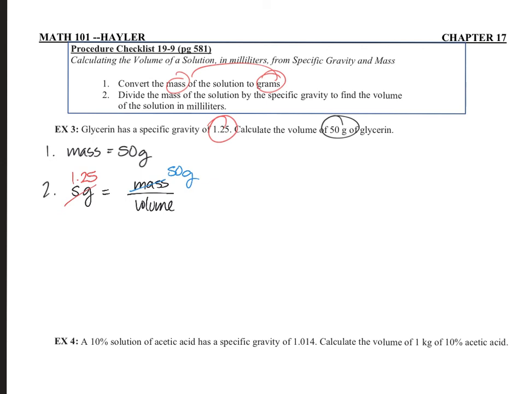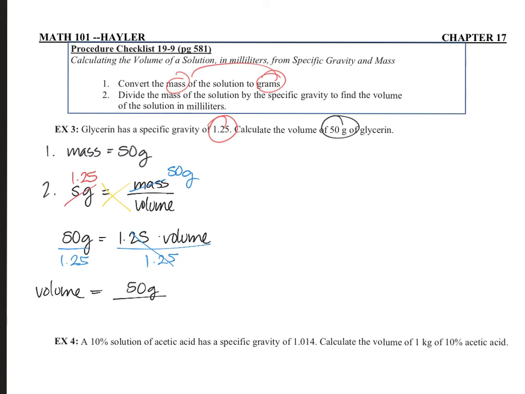To solve for the volume, let's cross multiply and we get 50 grams equals 1.25 times the volume. Divide both sides by 1.25, and we get that the volume equals the mass divided by the specific gravity, 1.25. Hence where we get these directions. So what would that be? Well, that is going to be 40.